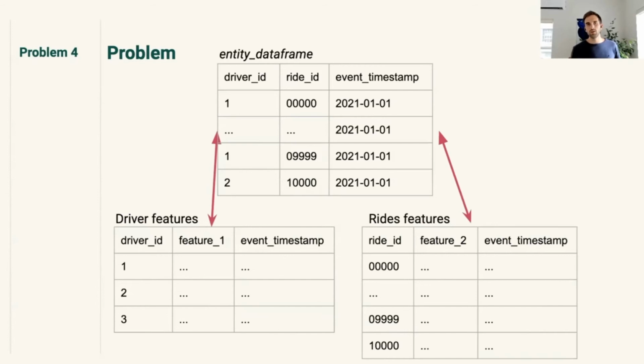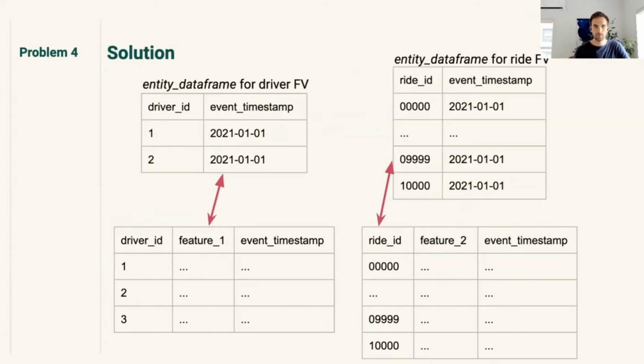So when we join the entity data frame with the feature views, there is no consequence for the ride feature view, but there is a huge consequence for the driver feature view. And because here in this example, driver 1 is completely overrepresented, this is what we call a skewed join. With this tiny example, that will not be a problem, but at scale, that just can't run.